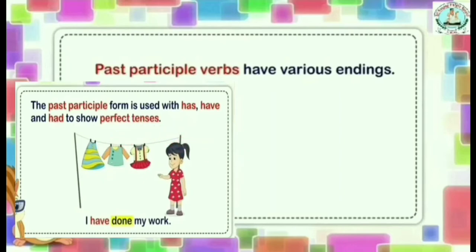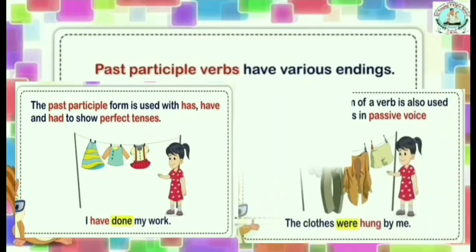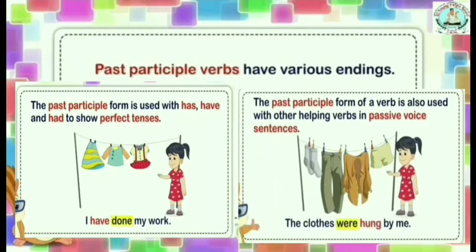And we also use other helping verbs. Do you know where? Do you know active voice, passive voice? The past participle form of a verb is also used with other helping verbs in passive voice sentences. Do you know passive voice sentences? It is when you interchange the object and subject. For example, look here.